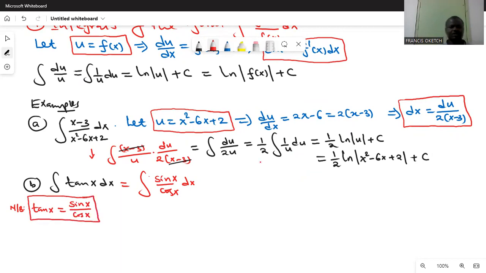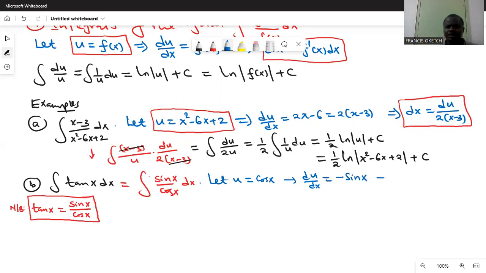Very, very important. Because now we have expressed tan x as a rational function, you can say let u be the denominator, that is cos x. So what about du dx? du dx will be equal to negative sin x.